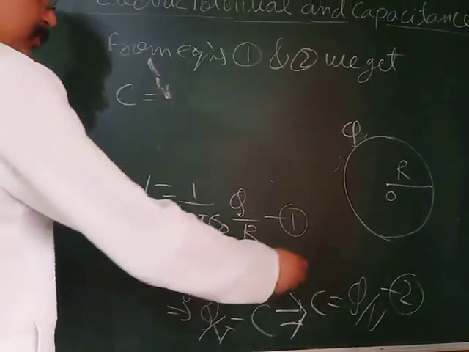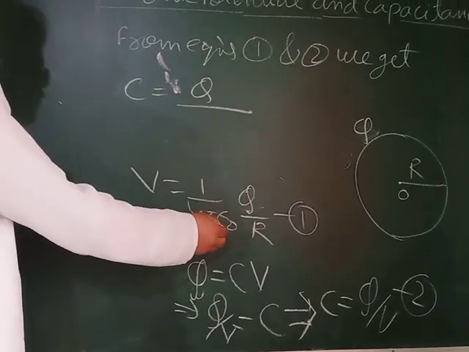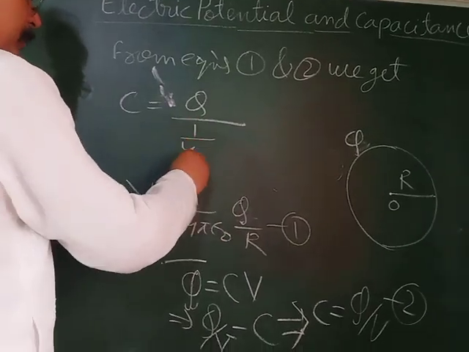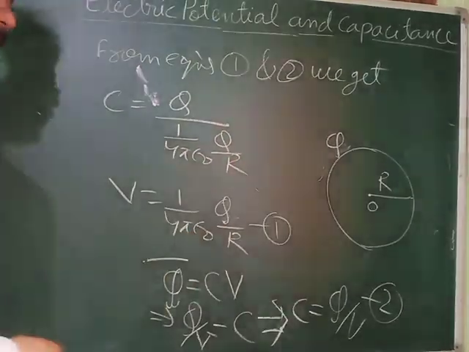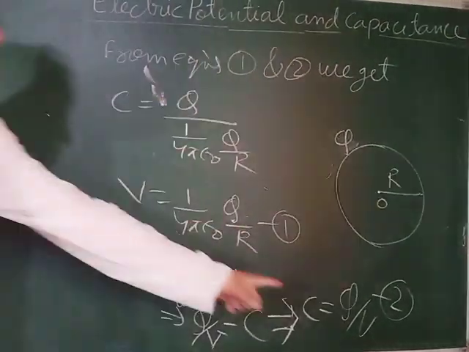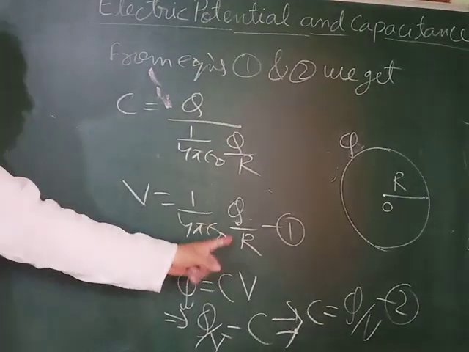So C is equal to Q by V. What is the value of V that we have to put from equation number 1? It is 1 by 4 pi epsilon naught Q upon R. Clear? See, it was Q by V, so Q by we have written, and the value of V we have taken from here.